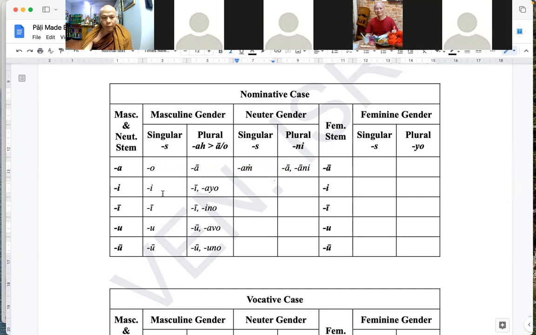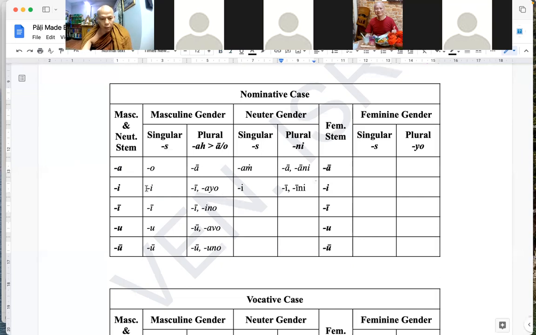And then for the i ending, the i stem, in the nominative case singular, it is just i, but in plural it becomes long ī, and after that, i-ni in this way.